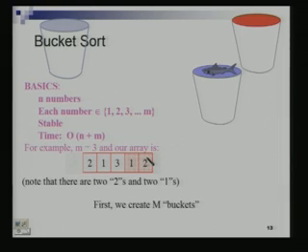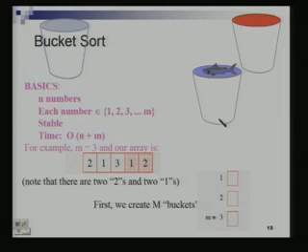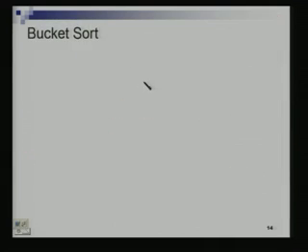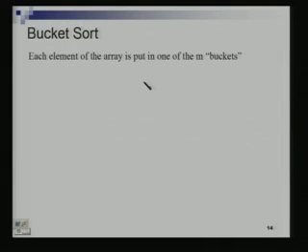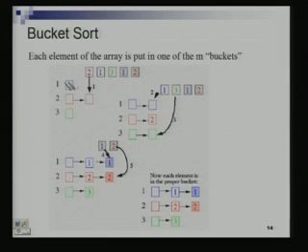Just take a number and throw it in the appropriate bucket. So, we have these 3 buckets, one corresponding to each possible value in this range, and each element of the array is put in one of the m buckets. So, these are my buckets. Take the first number, it goes into bucket 2, so I put it here, sorry.